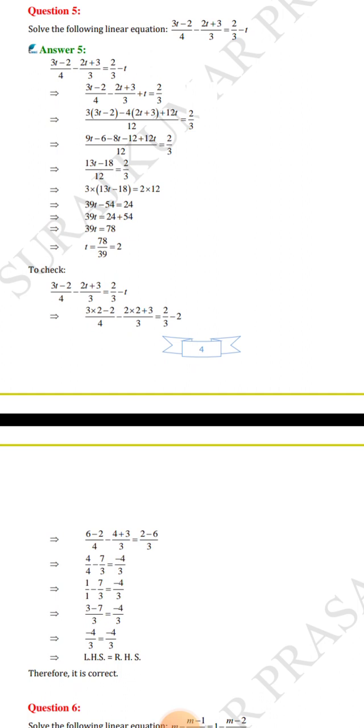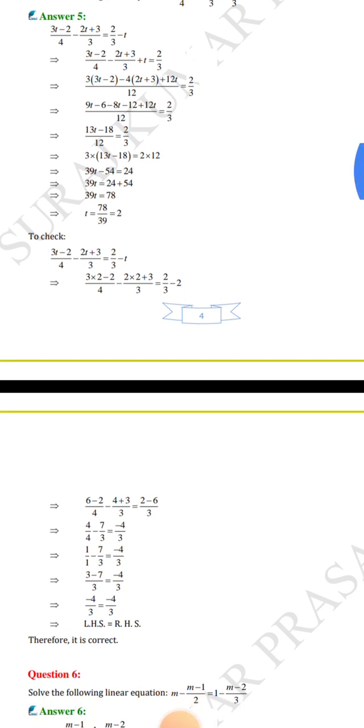Then we can get [3(3t minus 2) minus 4(2t plus 3) plus 12t]/12 equals 2/3. So we can get (9t minus 6 minus 8t minus 12 plus 12t)/12 equals 2/3.